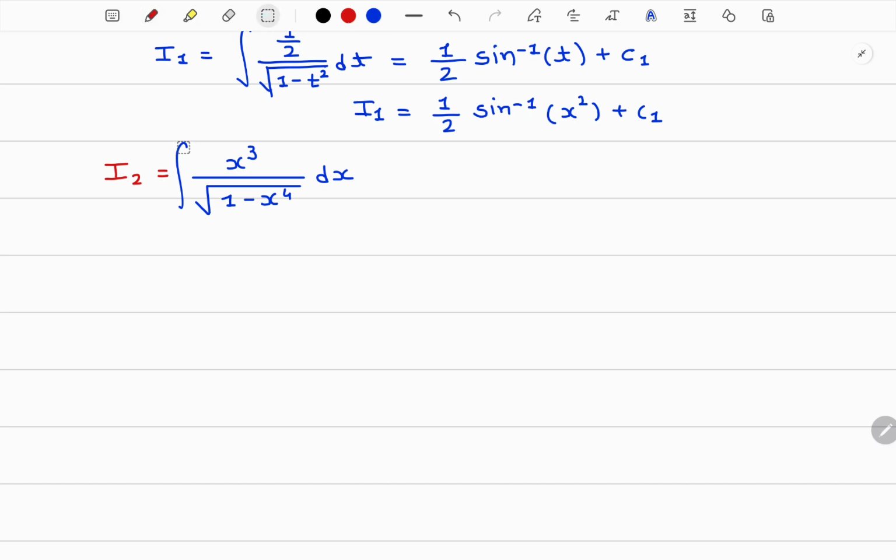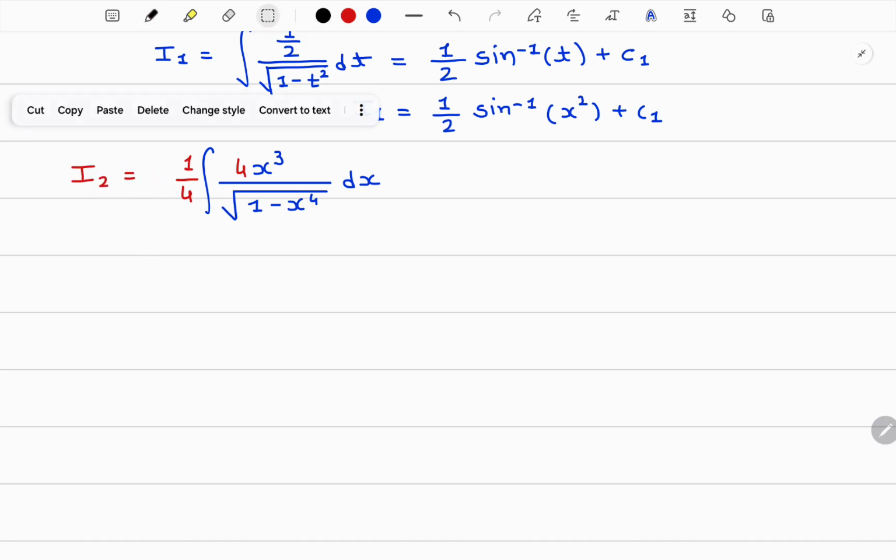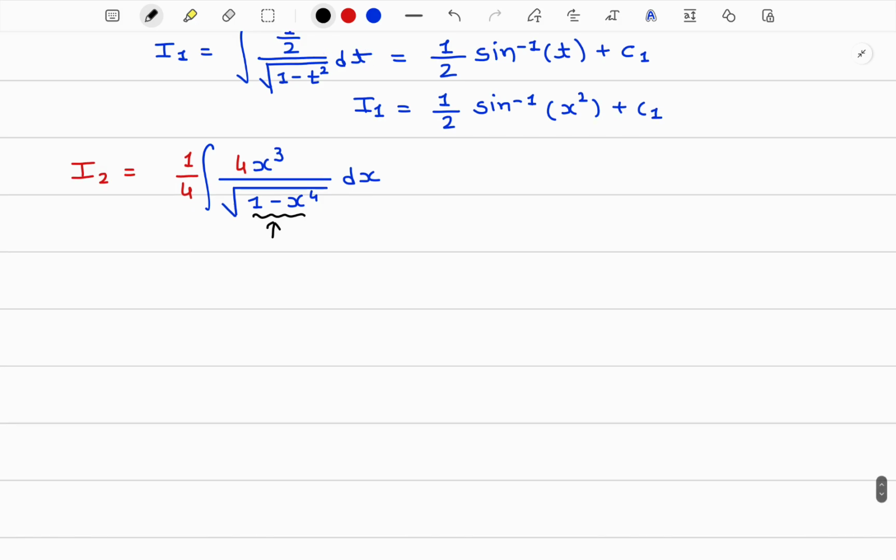So what we are going to do here is multiply and divide numerator and denominator by 4. But one more thing we need, yes, we need to differentiate this term, right? So differentiation of 1 minus x raised to 4 is nothing but 0 minus 4x cube. So add minus here as well as here, right? So we know that differentiation of this term is nothing but this, right?